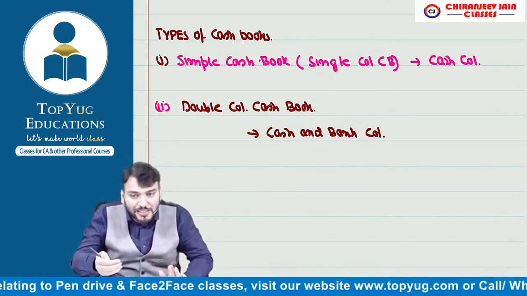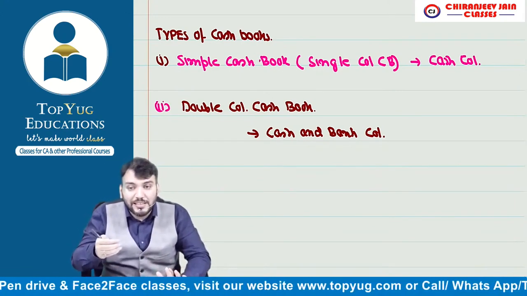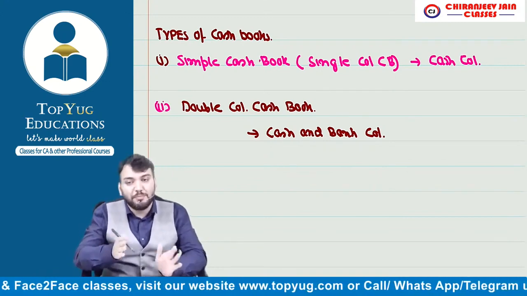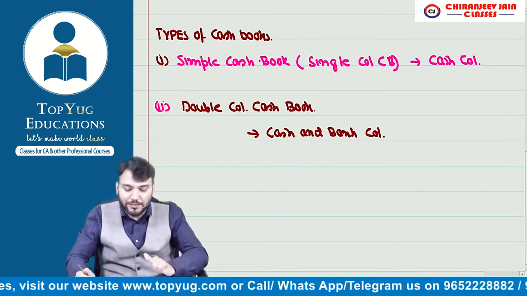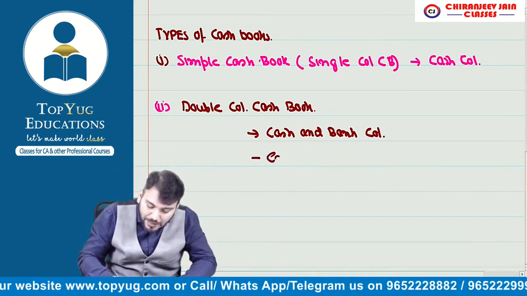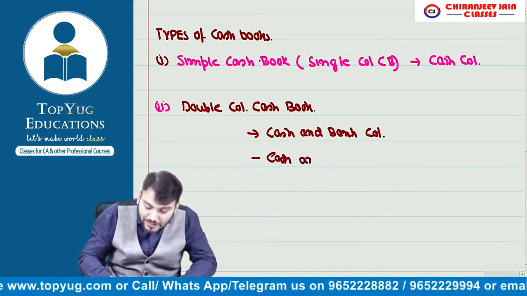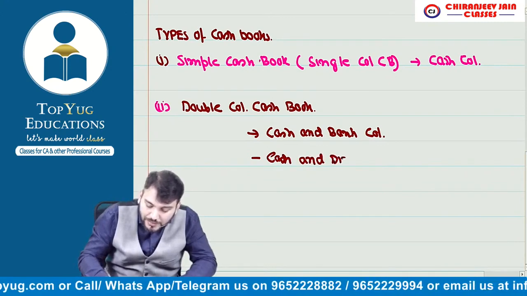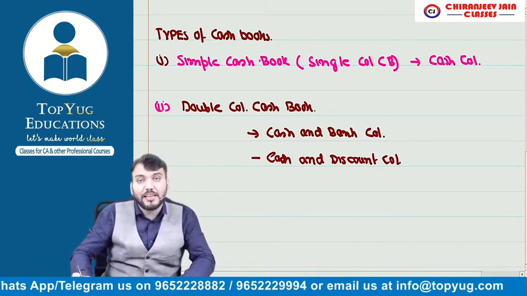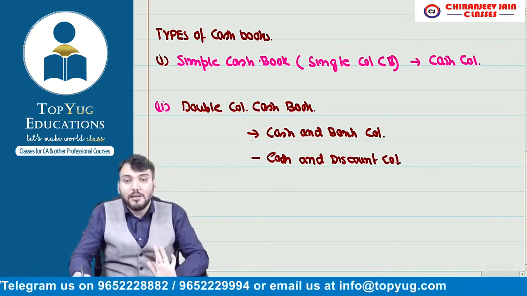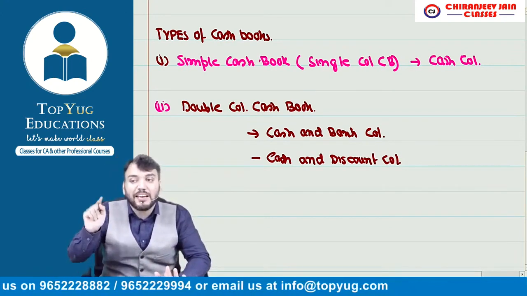We record all receipts in cash and in bank, as well as payments of cash and payments from bank. And it may also be cash and discount column. Are you getting what I'm saying?